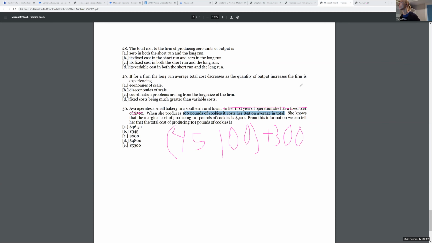And I think this is the first practice midterm, so not the most recent one, but the oldest one on Blackboard. And then that would give you the 4,800.